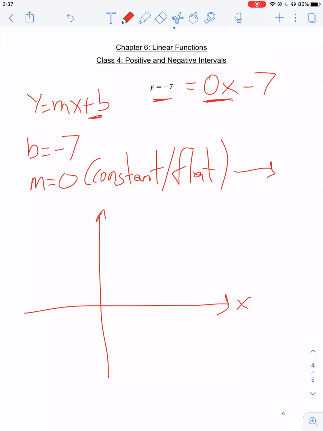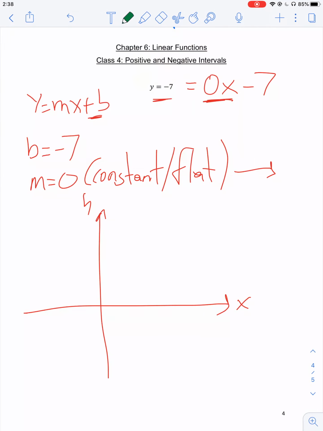So my b value is -7. This is the point -7, and I'm neither increasing nor decreasing because my slope is 0. So it's always going to be -7. So y is always equal to -7. I'm going to put -7 over here. Now this is your function. Actually, you know what? Let me draw this in a different color to illustrate my point.